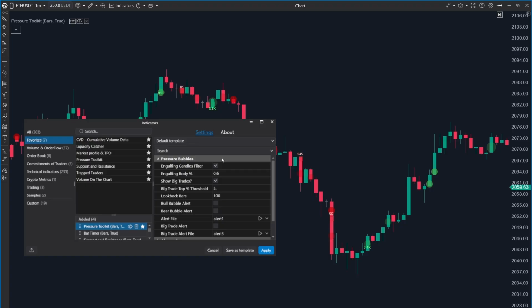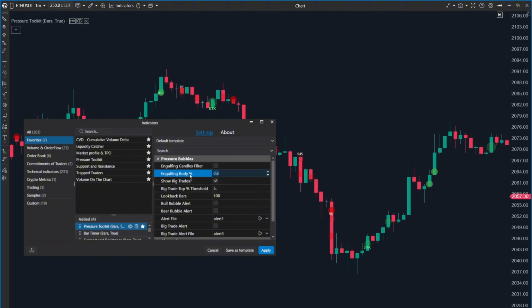If you see engulfing candles with solid aggressive buys or aggressive sells, these are usually good signals, and they're a little bit more significant than the candles that have very long wicks and candles with not a really great structure to them. So if you want to use this filter, you can control the size of the engulfing body. The closer you get to 1, the more engulfing the candle will be.